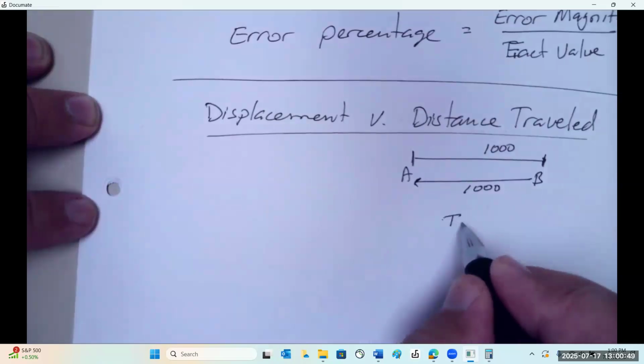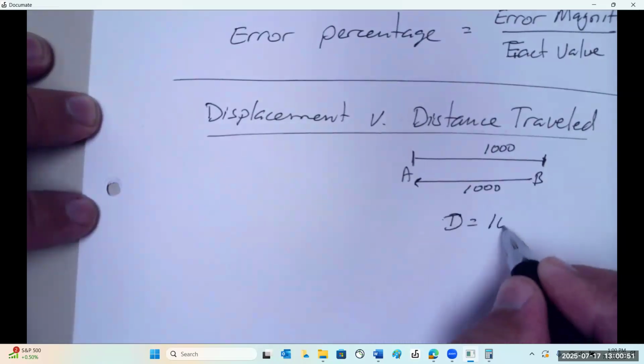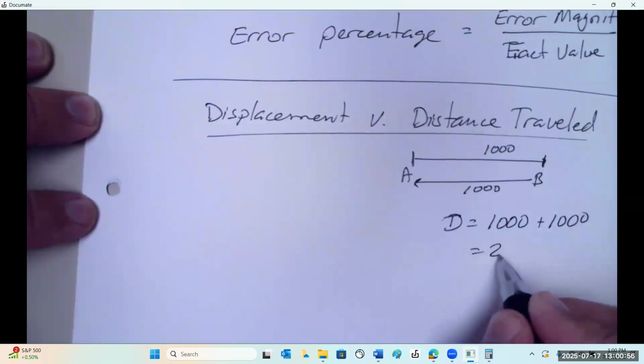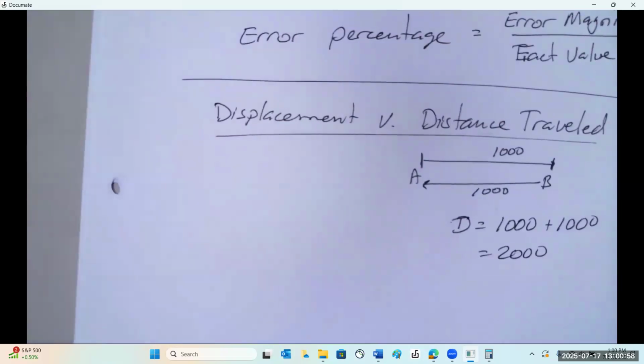Yeah, the total distance traveled is 1,000 plus 1,000, which is equal to 2,000 miles. So that's distance traveled.